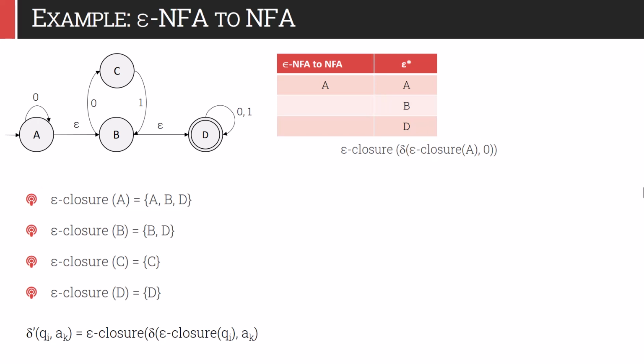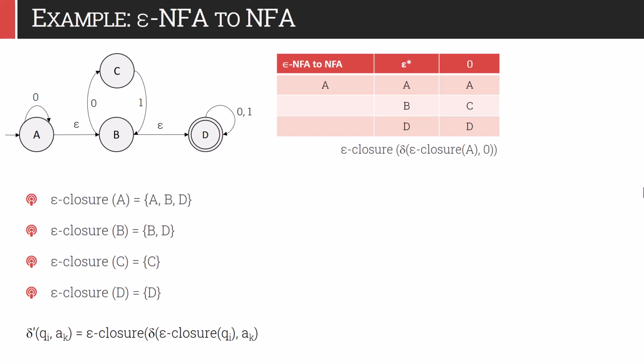Now we will find the delta function for input 0. If we look at the transition diagram, from A, if we read 0, we remain on A. From B, if we read 0, we move to C. And from D, if we read 0, we remain on D. So we have computed the inner part, that is delta of epsilon closure of A on 0.